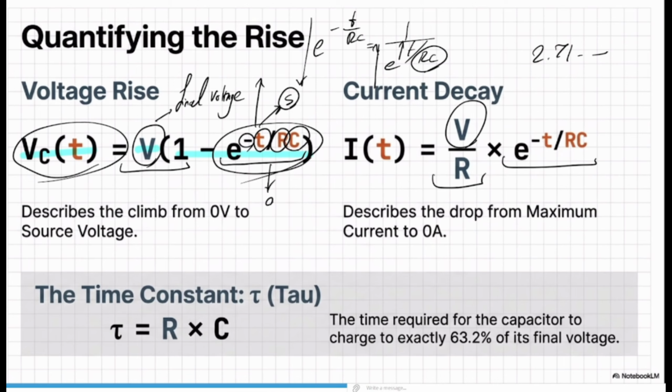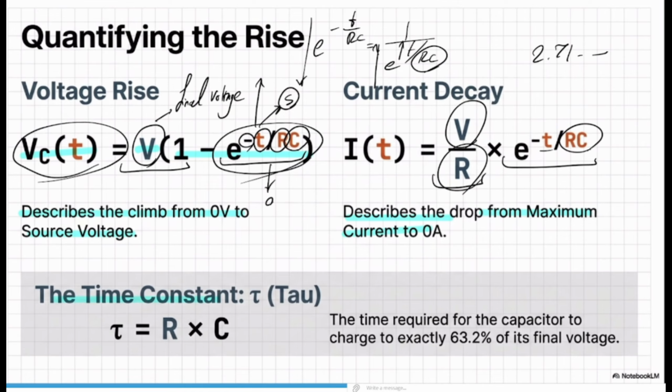V is just the voltage source, R is the resistance, RC we know, and t is going to be each time. So at this point we have two conditions, the voltage and current. Voltage describes the climb from 0 to the source voltage, and current describes the drop from the maximum current to 0.